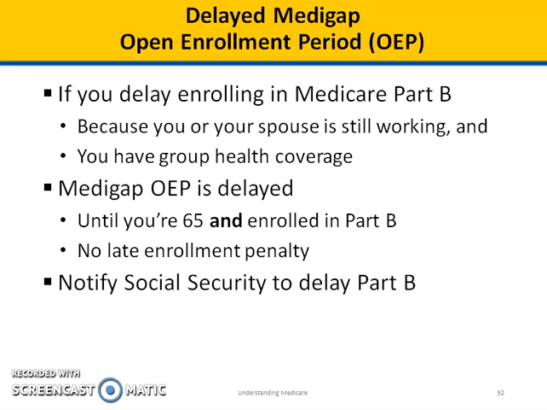If you aren't going to enroll in Part B due to your current employment, it's important that you tell Social Security that you want to delay Part B. Just make sure you understand that if you took Part B while you had employer coverage, you don't get another Medigap open enrollment period when your employer coverage ends.